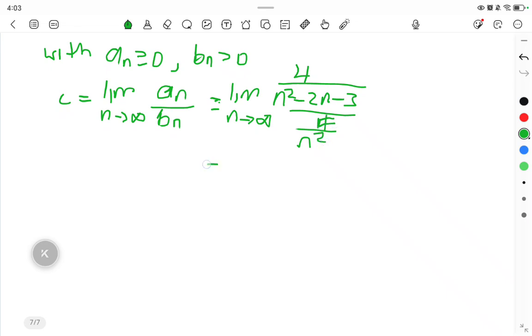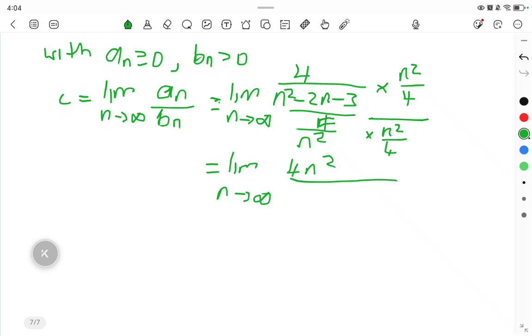The simplest way to simplify this is to multiply by n squared over 4. The limit as n approaches infinity, so this cancels out the denominators, giving 4n squared over 4n squared minus 2n minus 3.